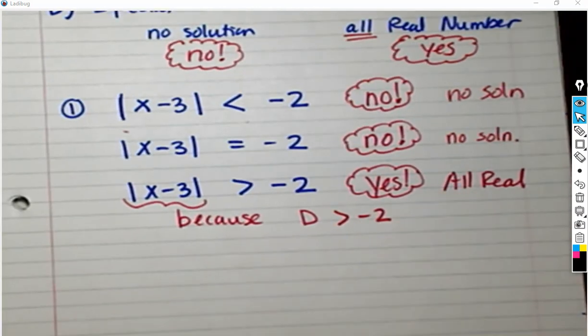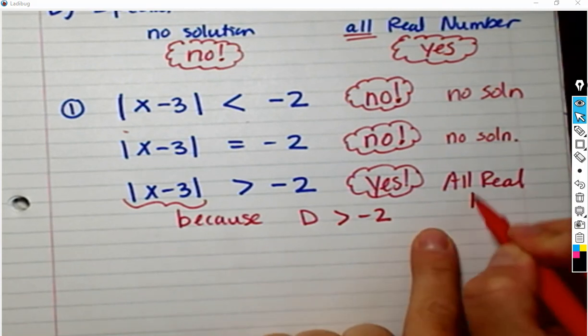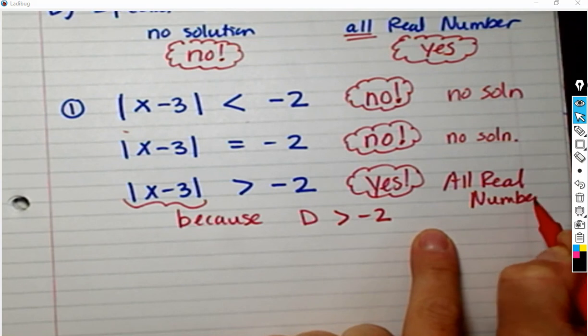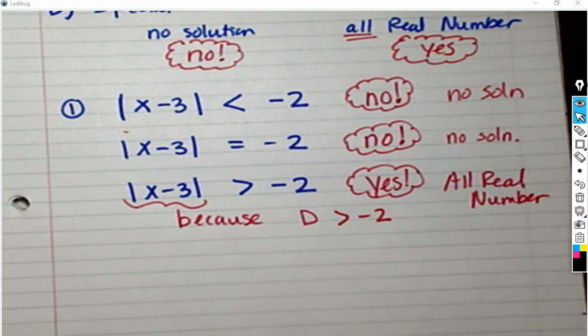Do not do any work. I promise you it gets kind of funky looking, and I will show it to you if you want, but I'm not going to do it in front of 30 people because I know I'm going to lose half of you. So all real numbers. I would not expect to see more work. If you put a little thinking bubble and you say yes, I can accept that as work.